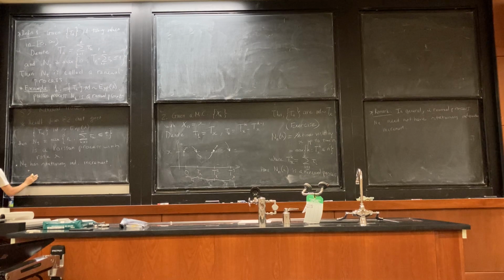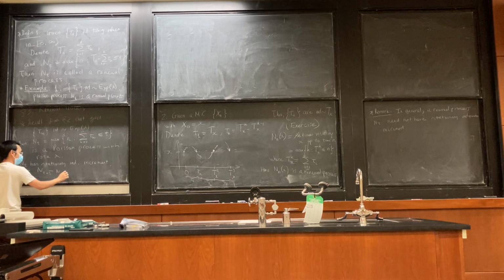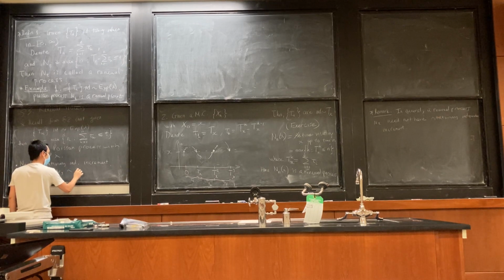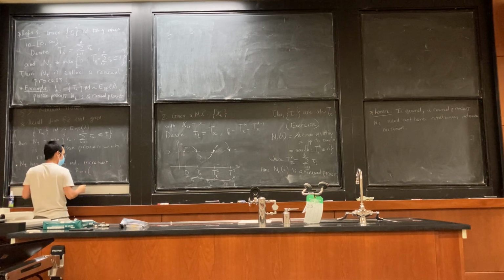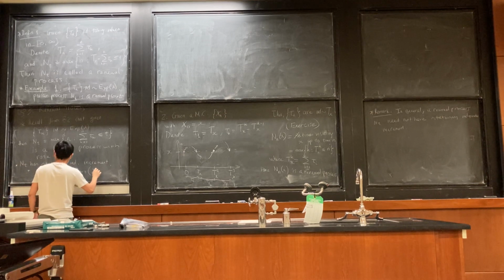Namely, that means N_{t+s} − N_s has a distribution depending only on the difference between the two times, the difference in level t.